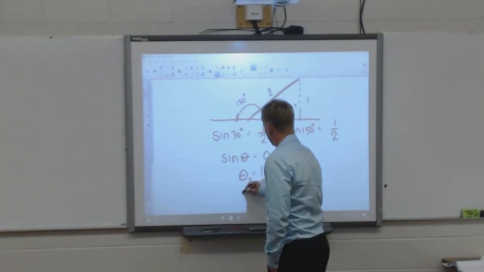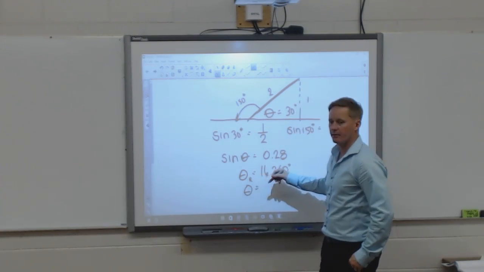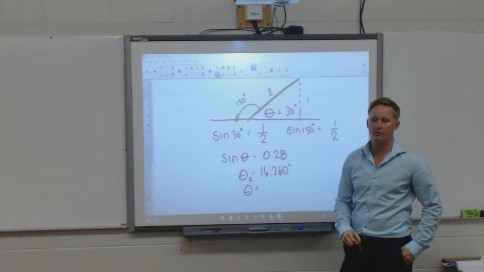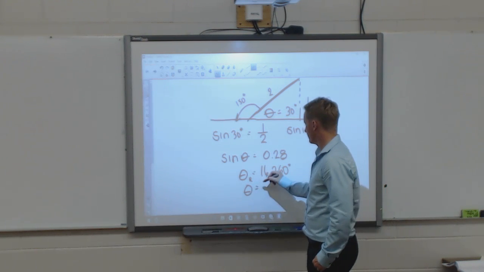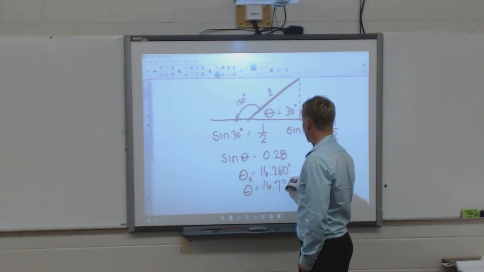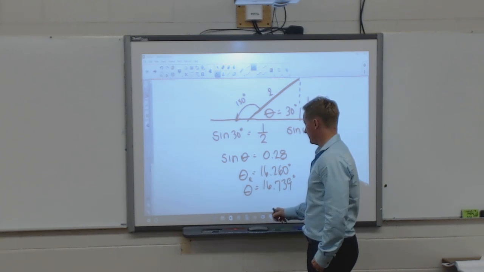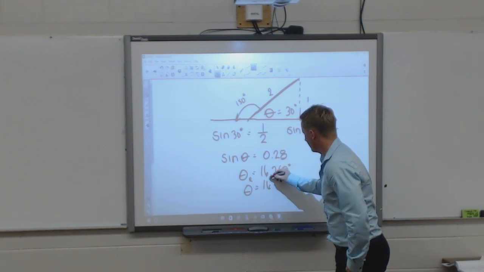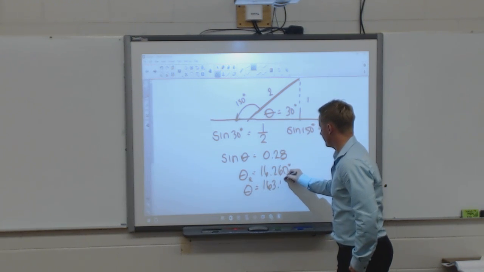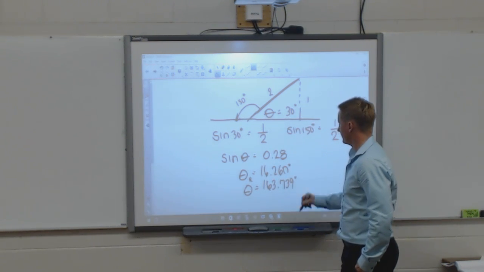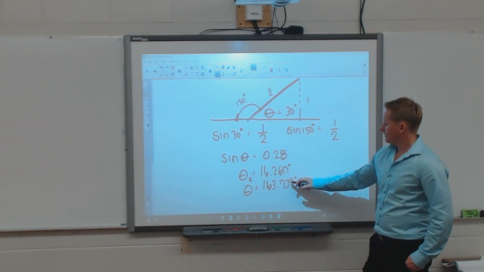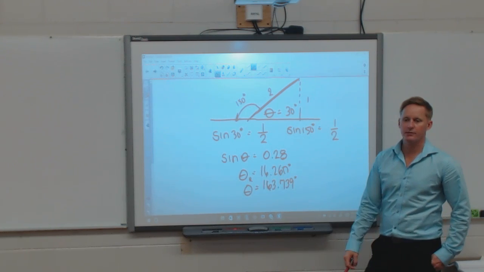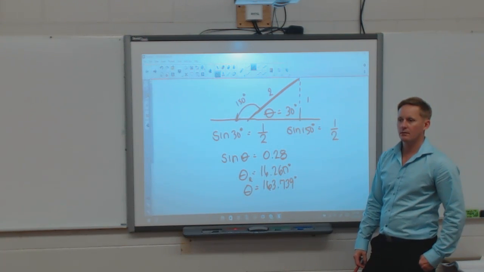I take 180 degrees and subtract that angle, and it will give me the exact same ratio of 0.28. 163.739 degrees. That angle, if I take the sine of it, will give me a ratio of 0.28 as well.